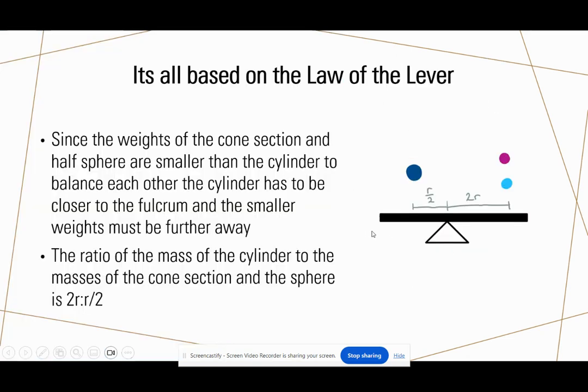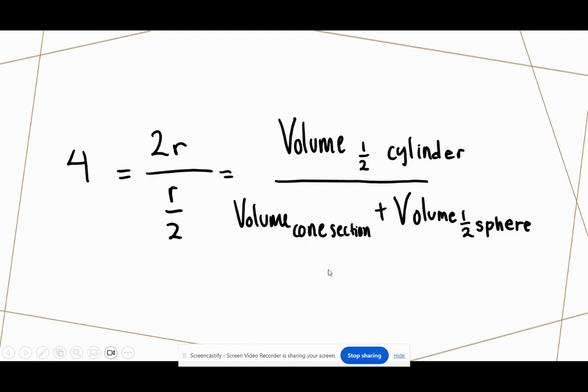So he knows that the ratio of the masses is this 2r to r over 2. And from this, using simple algebra, 2r over r over 2 simplifies down to just being 4. And he knows that that's the ratio of the volume of half the cylinder to the volume of the cone section plus the volume of the sphere, or one half the sphere.